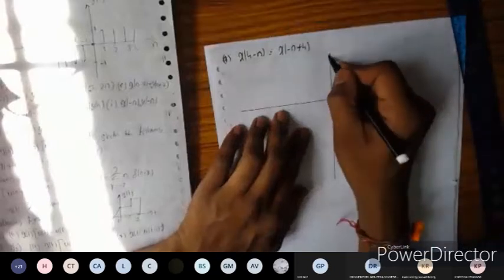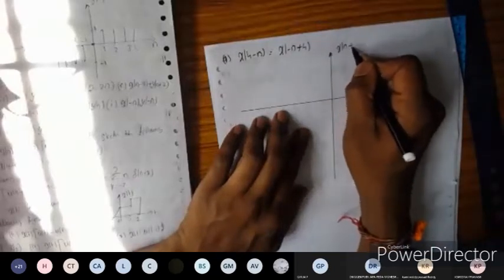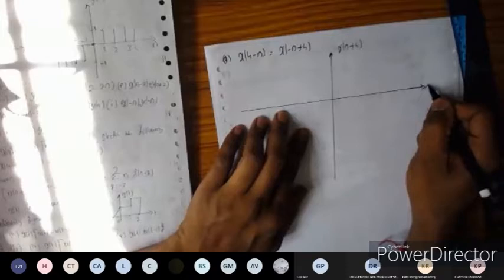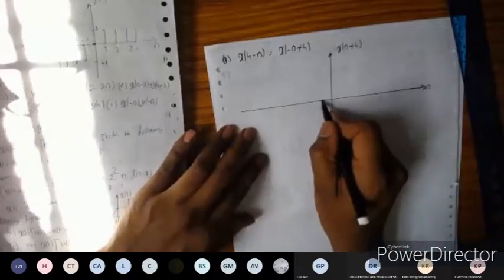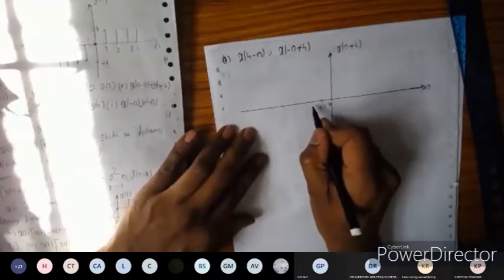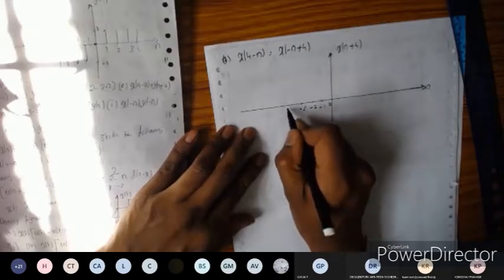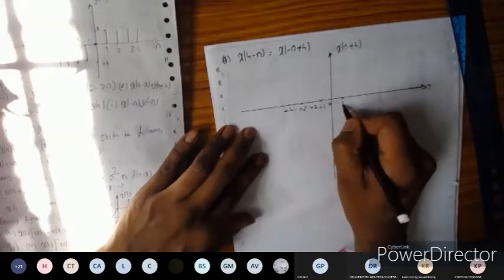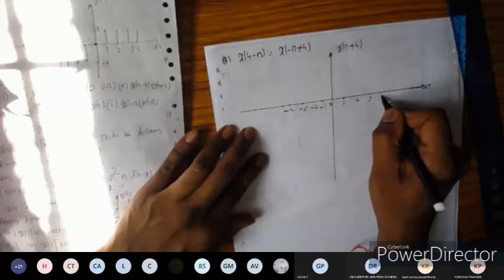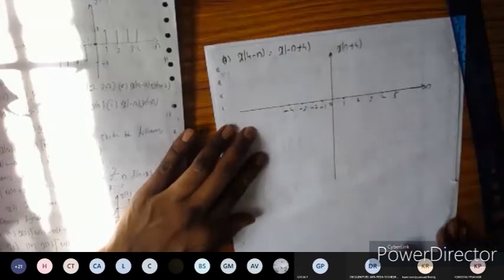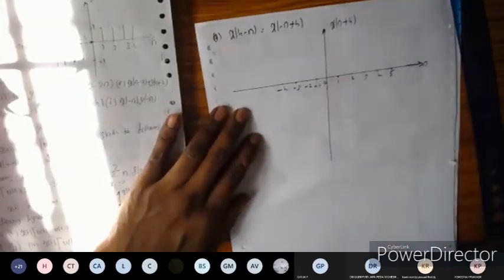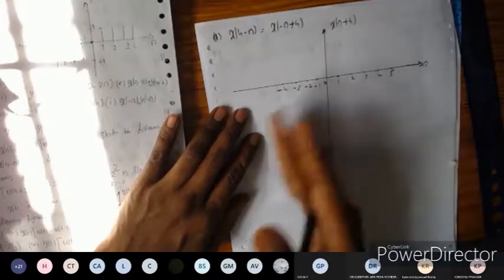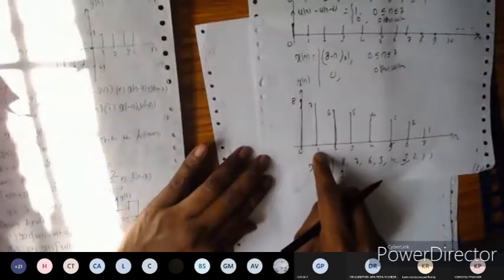First let us perform x of n plus 4. We need to shift the signal towards the left side by 4 units. This waveform will be shifted towards the left side by 4 units. So add minus 4 to all the time indices.